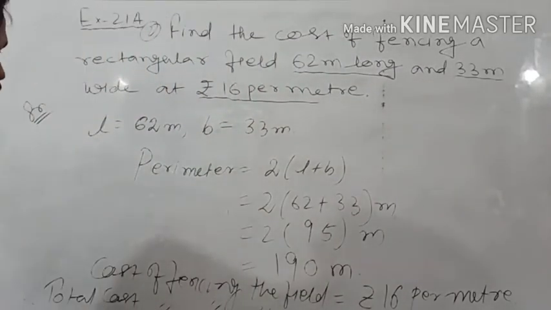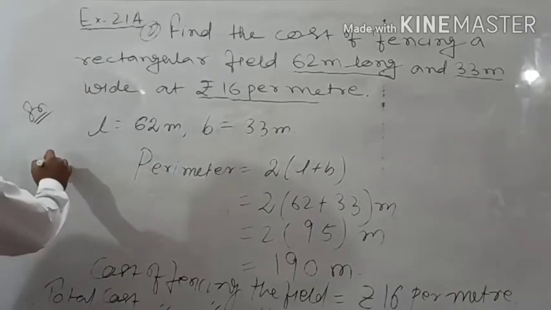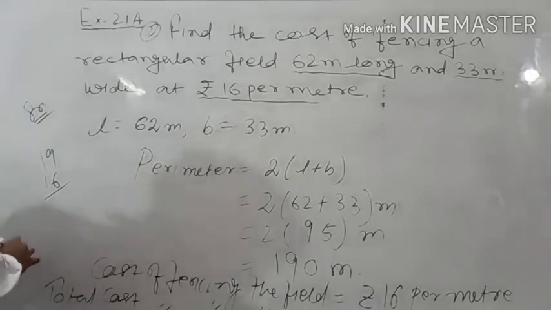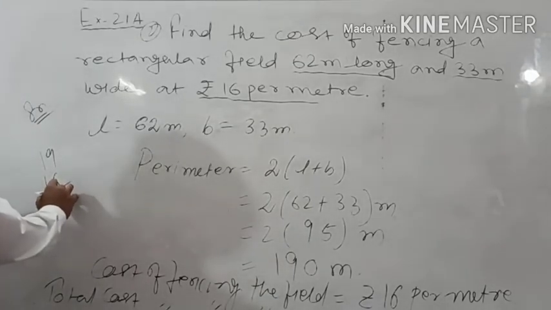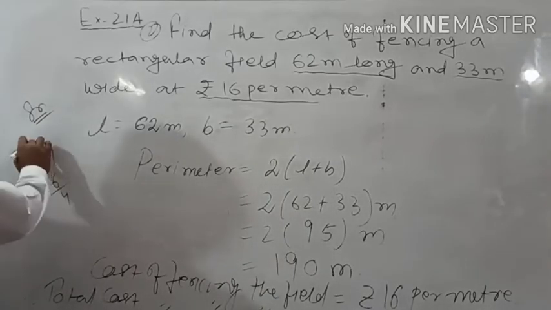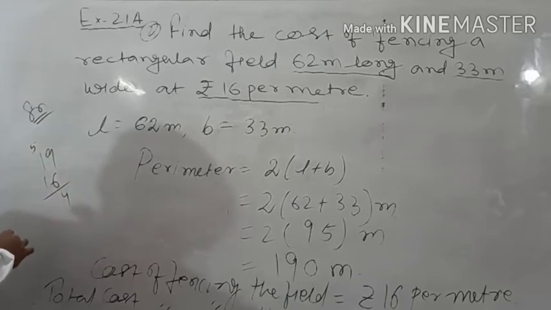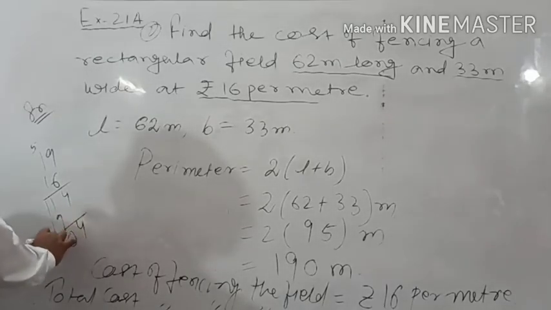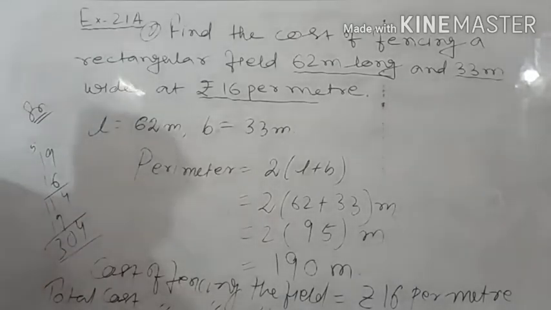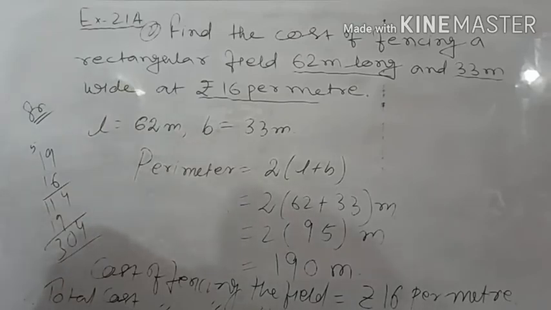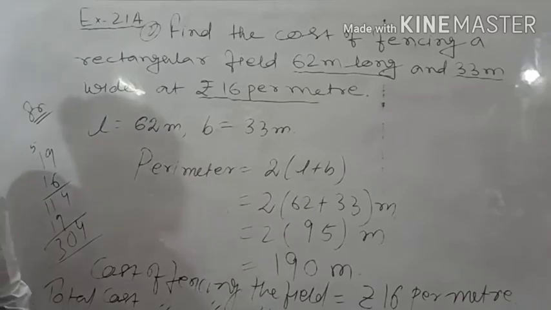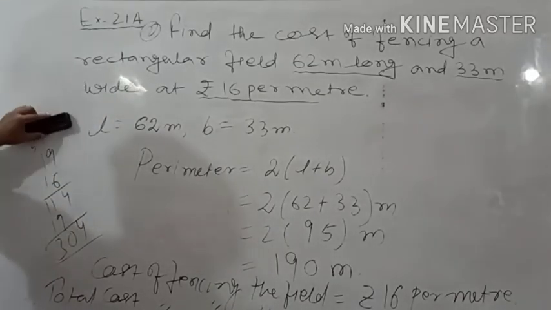Once check to verify: 16 multiplied by 19, 6 times 9 is 54, 4 and 5 carry, 1 times 6 is 6, 6 plus 5 is 11, 1 times 9 is 9, 19, so 3040. Yes. So 3040 rupees will be the required cost of fencing this particular field.